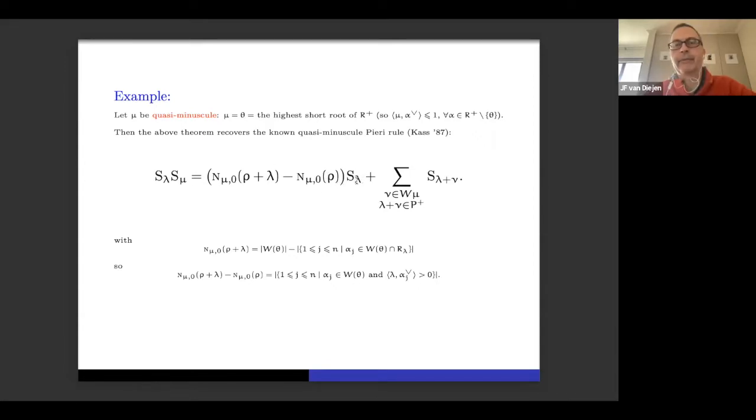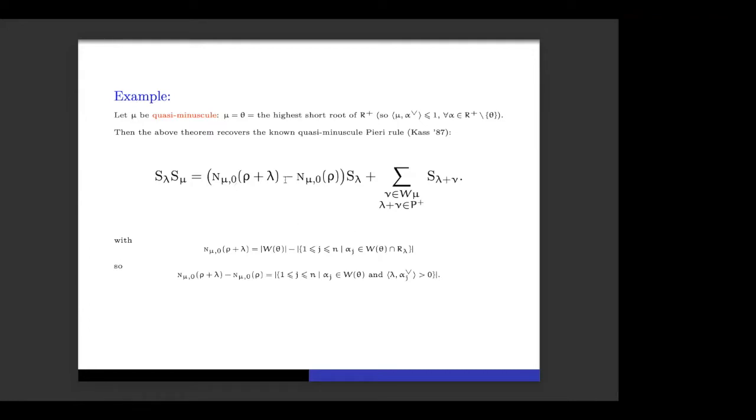So that gives you a copy of S lambda, and it's only this multiplicity which can become bigger than 1. Here it's just multiplicity free in this orbit. Well, here are these numbers.